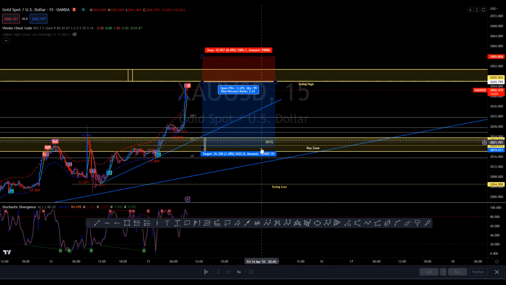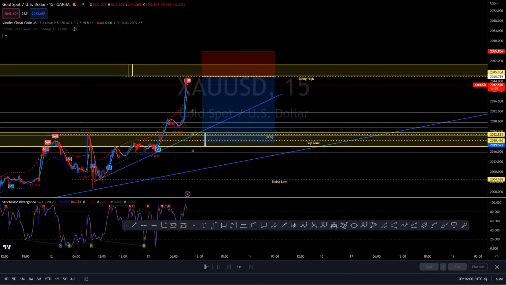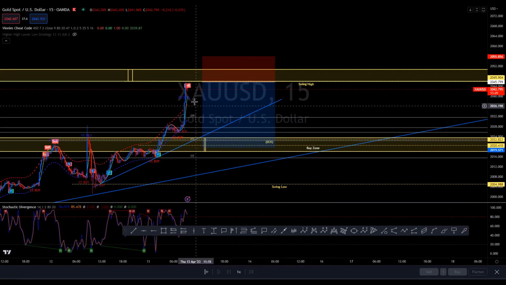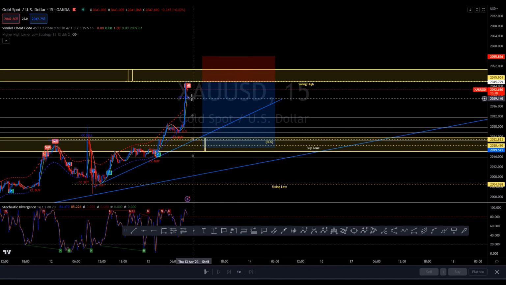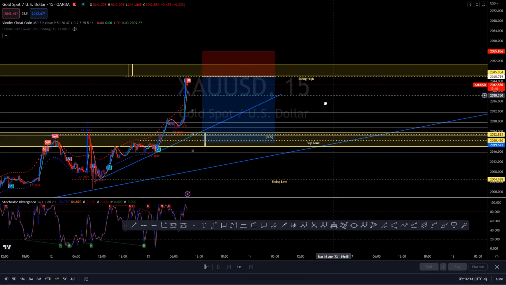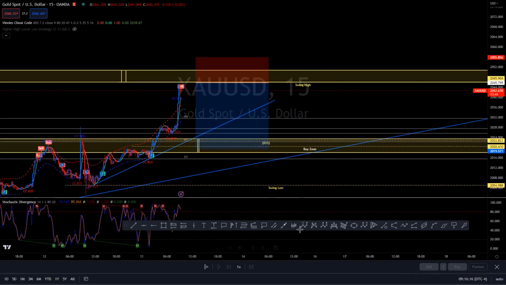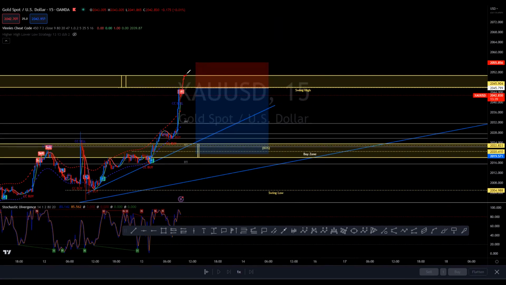So we'll see. We have less than 14 minutes for the 9:30 candle. Now, I wouldn't be surprised if price decides to buy up some more.